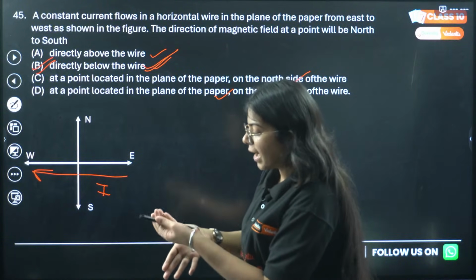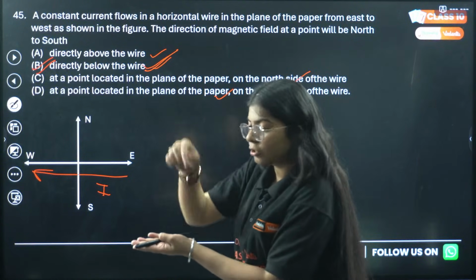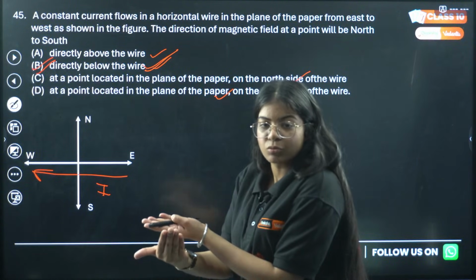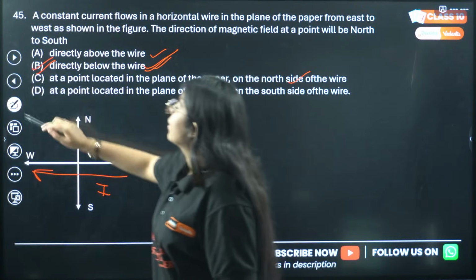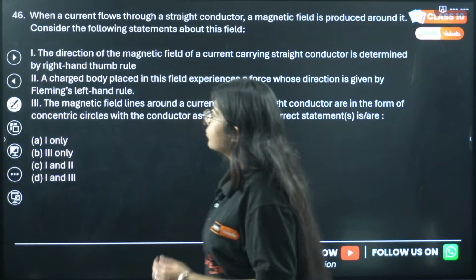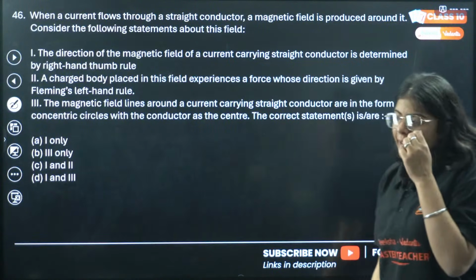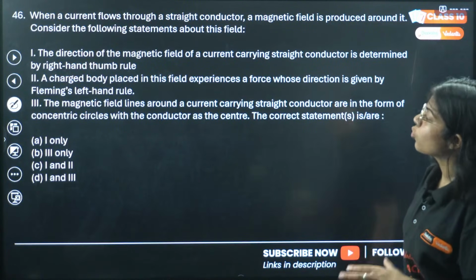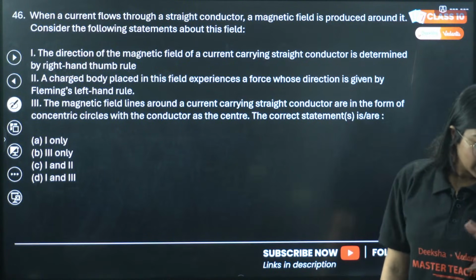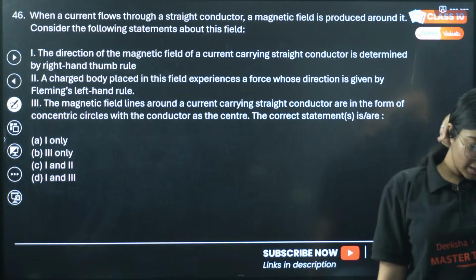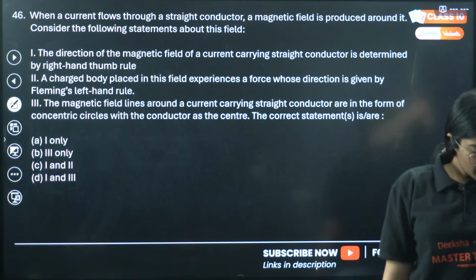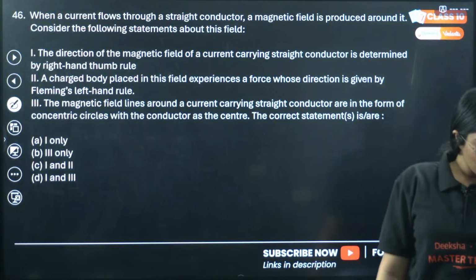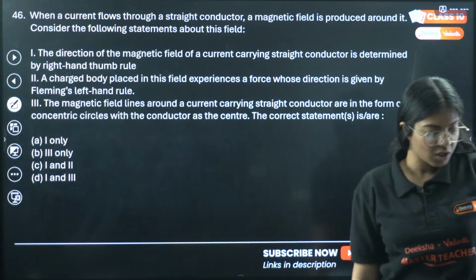Directly below the wire, the field will be north to south, correct? Okay, let's move on to the next question. 46th. When a current flows through a straight conductor, B, hello, B is the correct answer. Ma'am, is upwards or into the page same?